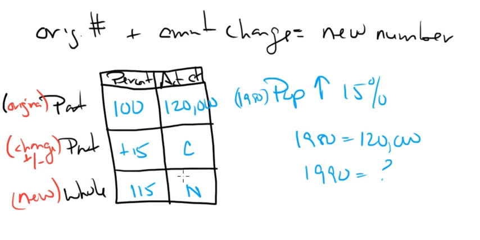So we're not concerned about the additional 15%. We're not concerned about what the change was. We're concerned about in 1990 what the new number is, right? So 1990 would be down here. This is what we're concerned with, this portion right here, and obviously what we started with.